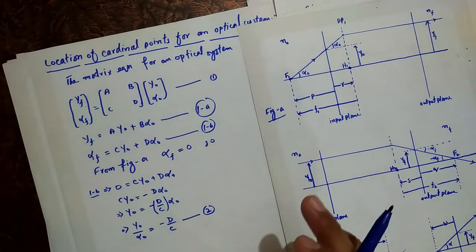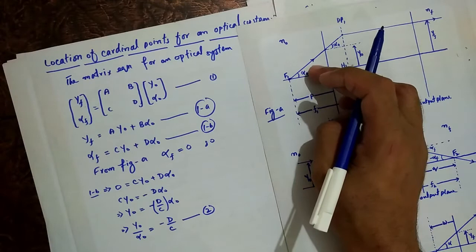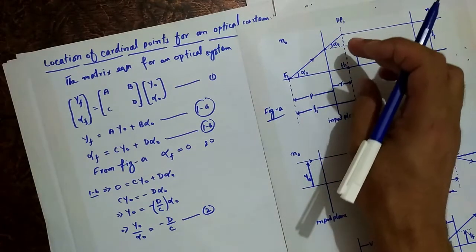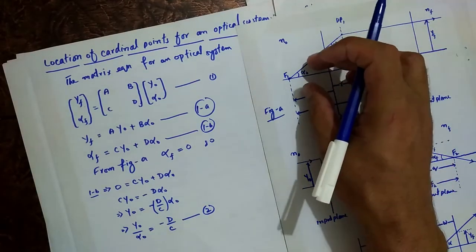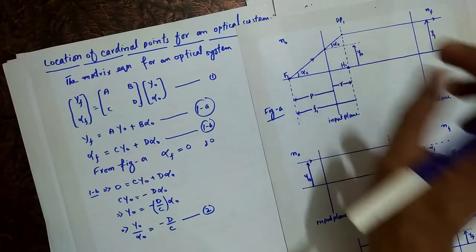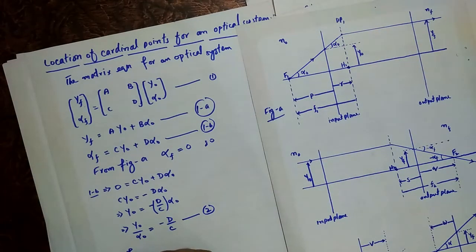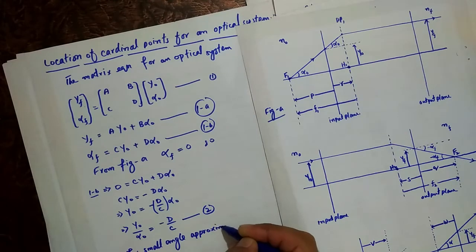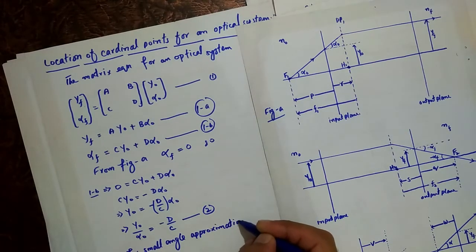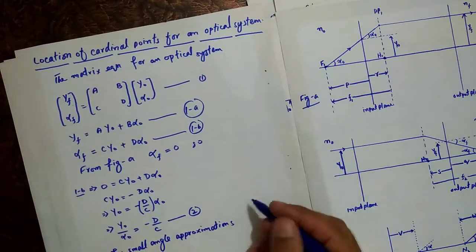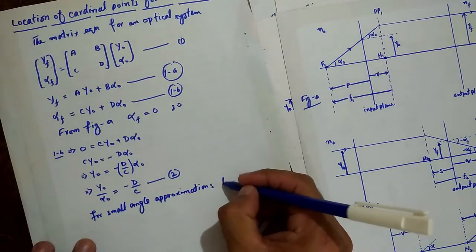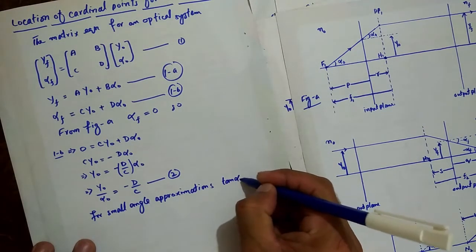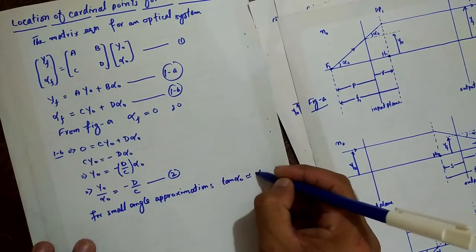So for small angle approximation, if this angle is small, then the tan of this angle will also be equal to the angle. This means that tan of alpha naught is almost equal to alpha naught.